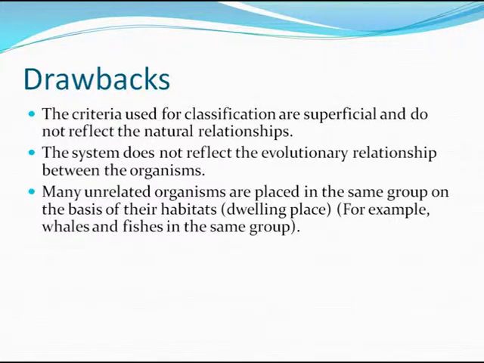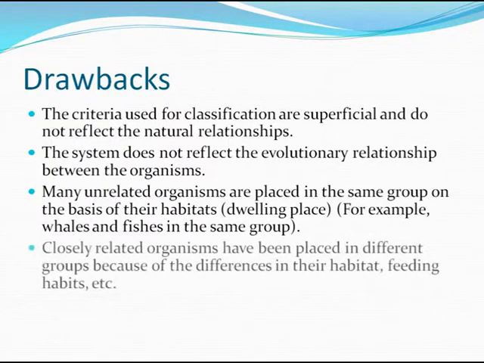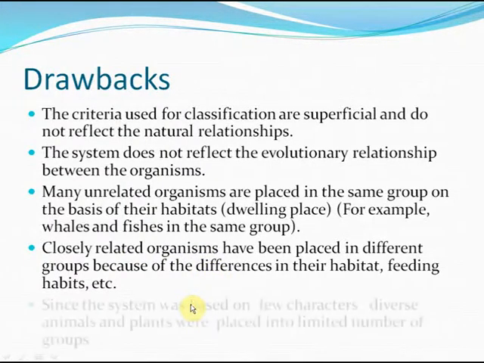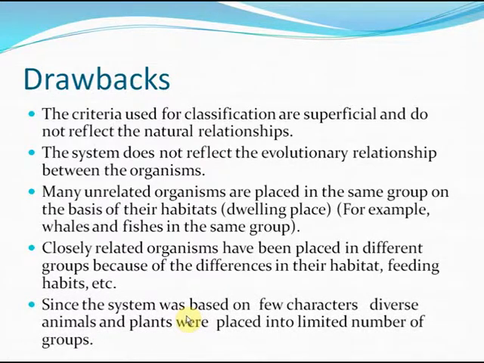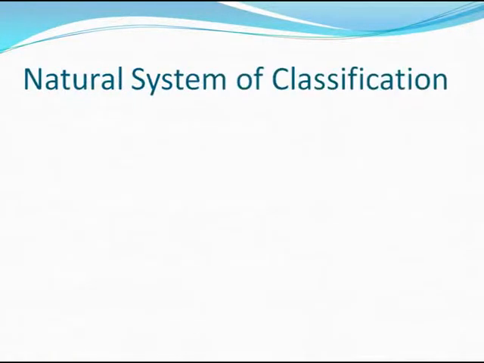For example, whales and fishes had been put under the same group. Closely related organisms have been placed in different groups because of the differences in their habitat, feeding habits, etc. Since the system was based on few characters, diverse animals and plants were placed into a limited number of groups.